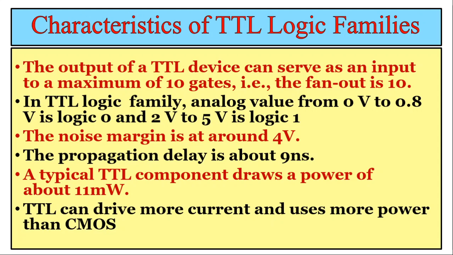The noise margin is around 4 volt. The propagation delay is about 9 nanosecond. A typical TTL component draws a power of about 11 milliwatt, and TTL can drive more current and uses more power than the CMOS logic family.